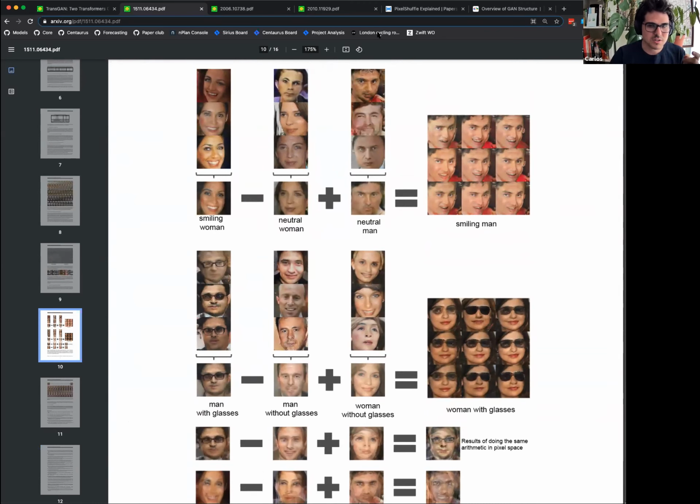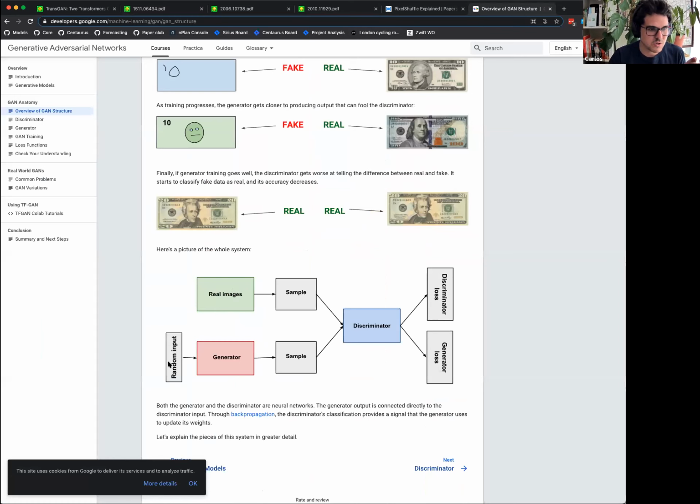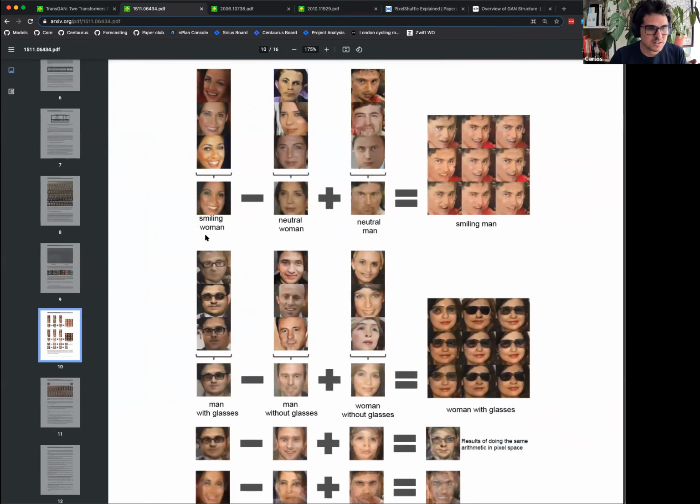If you take that input vector, call it Z, they take the Z vectors that produce images of smiling women, of neutral women, and of neutral men, and they average them. So they average the random vectors.